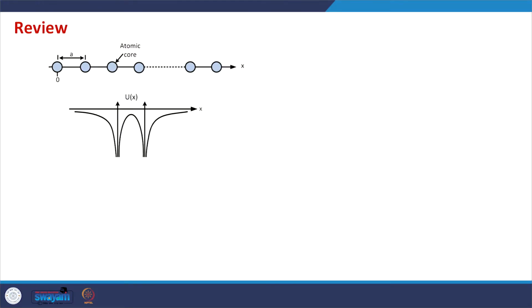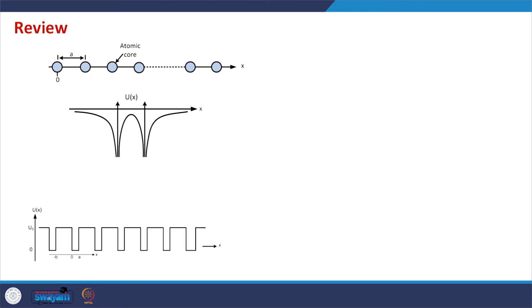So just to give a quick review, a perfect 1D solid looks something like this. It has a long sequence of atomic cores. Atomic cores are positively charged, fixed and heavy particles, so to say, and in the presence of these particles the potential energy profile of the electrons will look like this.